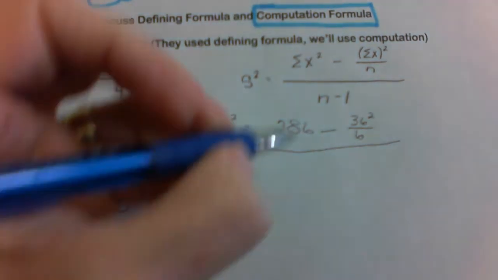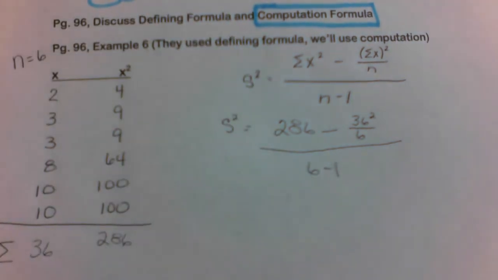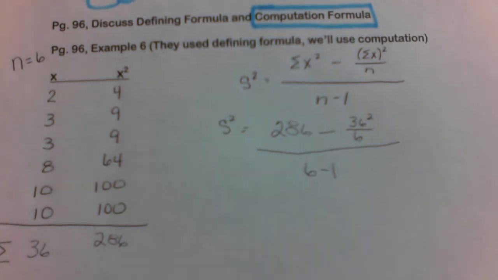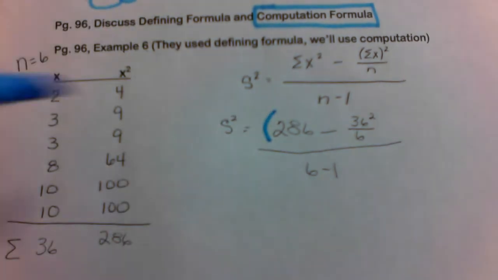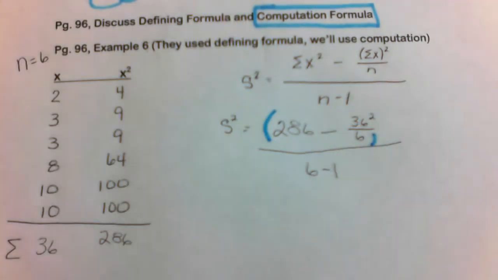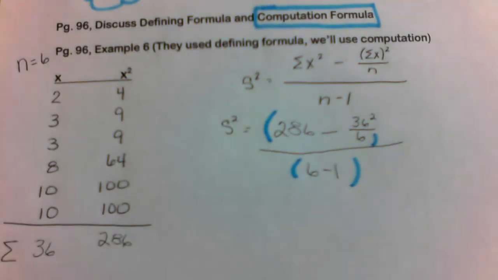All of that divided by n minus 1, or 6 minus 1. Now, I'm going to show you how to put this into your calculator, so you put all the numbers in your calculator and you only hit equals once. The key is your parentheses. You'll start out with the set of parentheses here, and not again until after the 6, and then you need to put the denominator in parentheses as well.